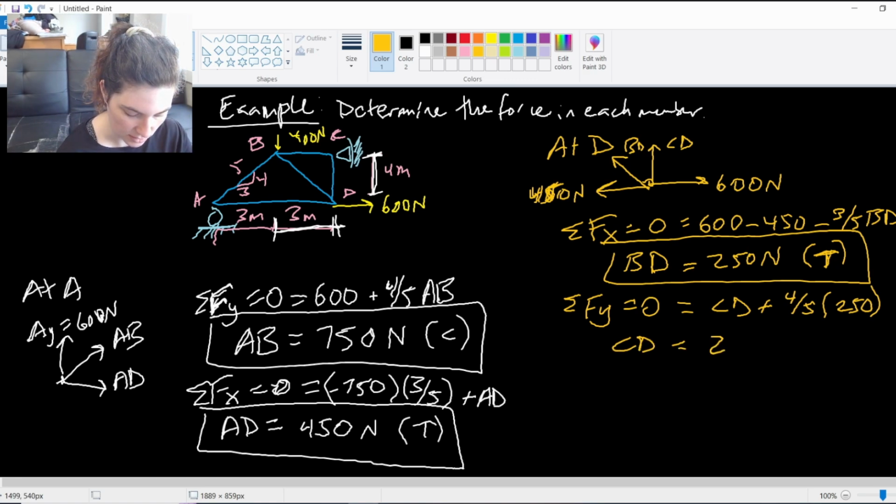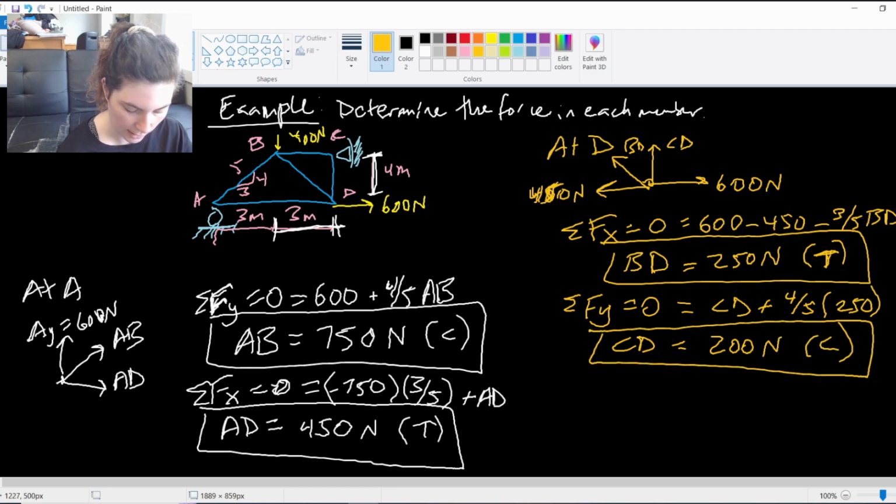CD is 200 newtons in compression. So I have 4 of my 5 members, which means I'm going to have to do an equilibrium at one more joint. I can pick B or C. Those are the only 2 joints that are left that I haven't analyzed.